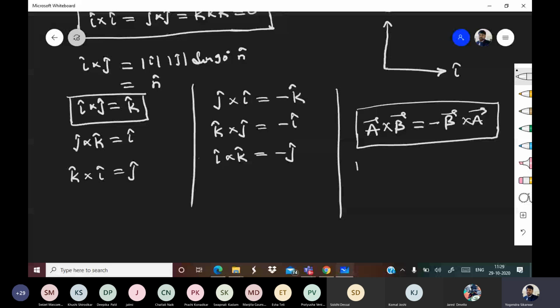Vector multiplication is not commutative. All right. Good.